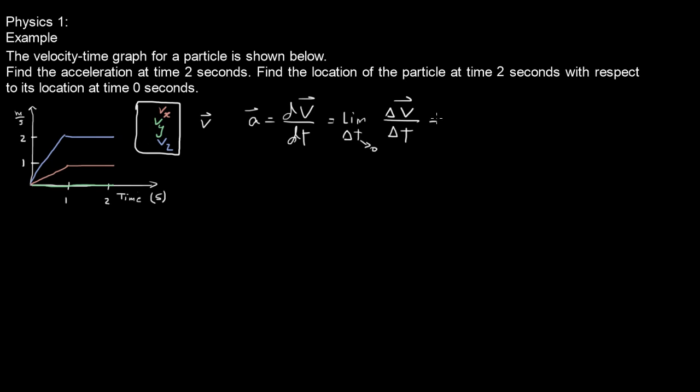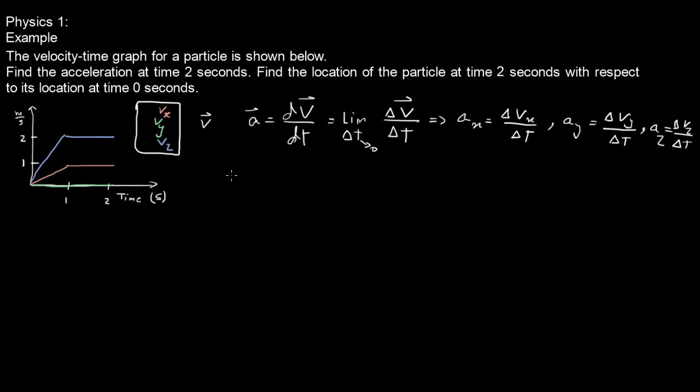This means that ax equals delta vx over delta t, and ay equals delta vy over delta t, and the same for az, delta vz over delta t.